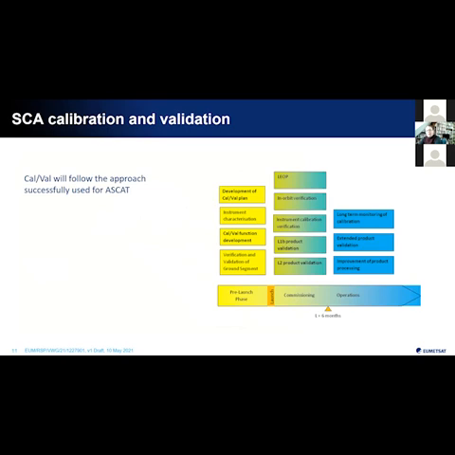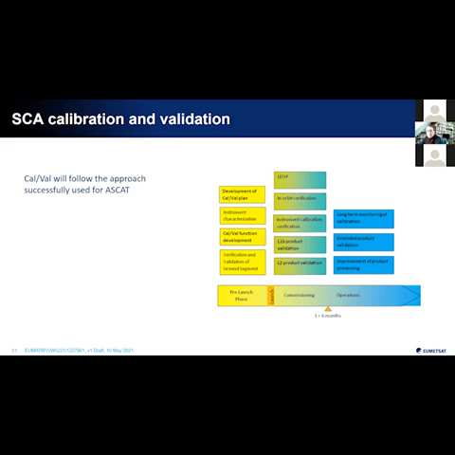For the calibration and validation we will do for the SCA instrument, we will follow basically the plan we have developed for SCAT instruments. So before launch, we are developing a plan for the calibration and validation, and to have a look at the instrument characterization, and checking everything in the ground segment.